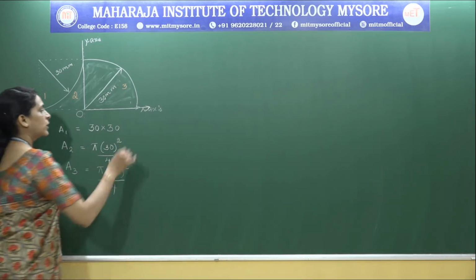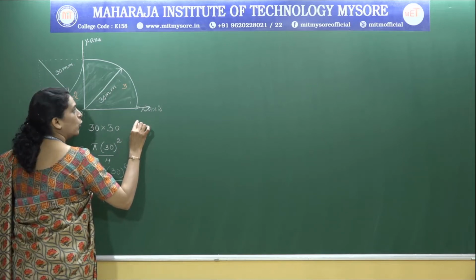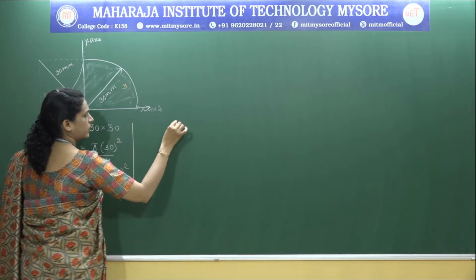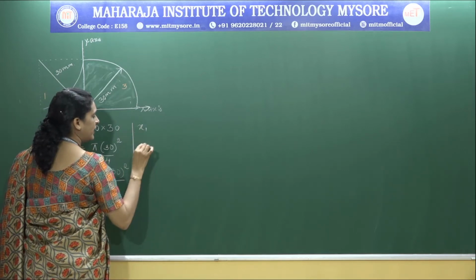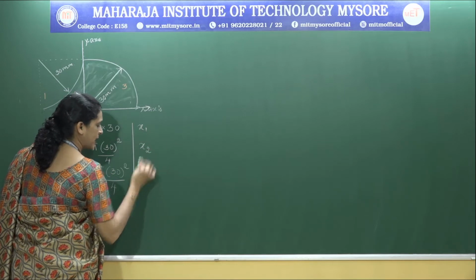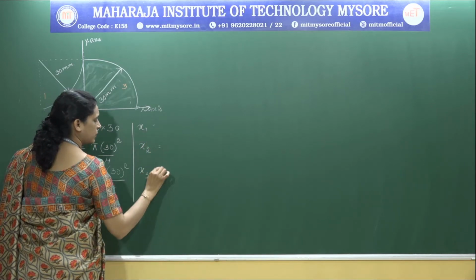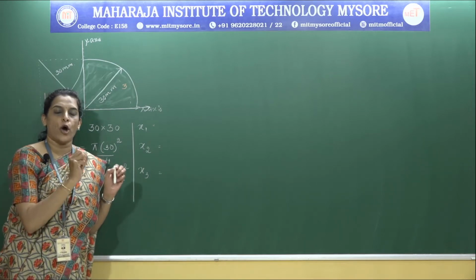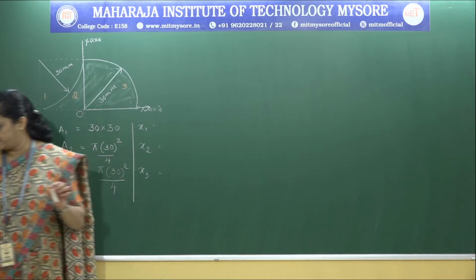So now, the next thing is that we'll find out x1, x2 and x3. For that, we shall mark the points individually.